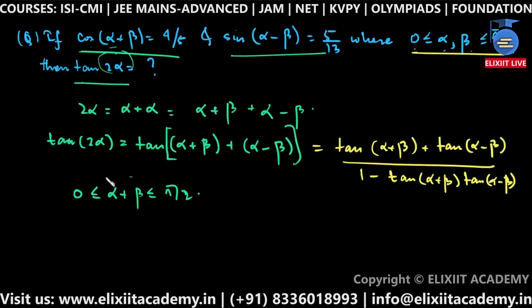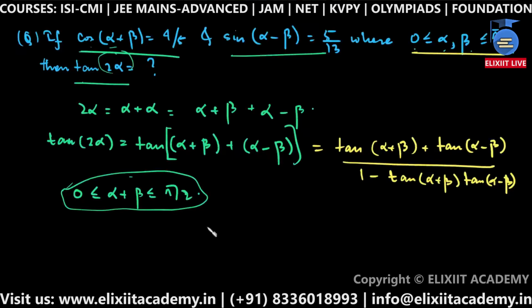And this is a first quadrant angle, where all six trigonometric functions are positive. So tan is positive in this case, so there is no issue with this. You need not worry about the sign of this.